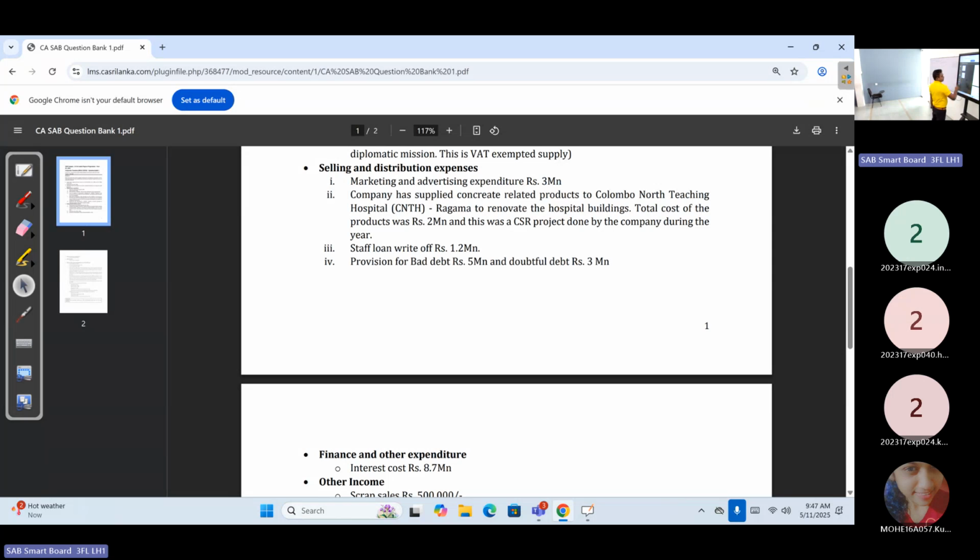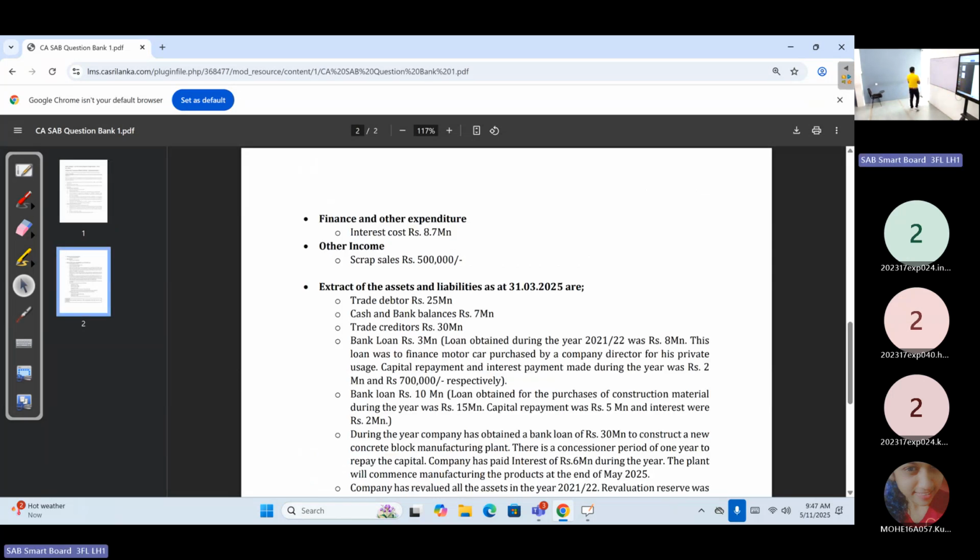Finance and other expenditure says interest cost. We don't know, since the detail has not been given here, therefore we cannot decide whether it is deductible or not.